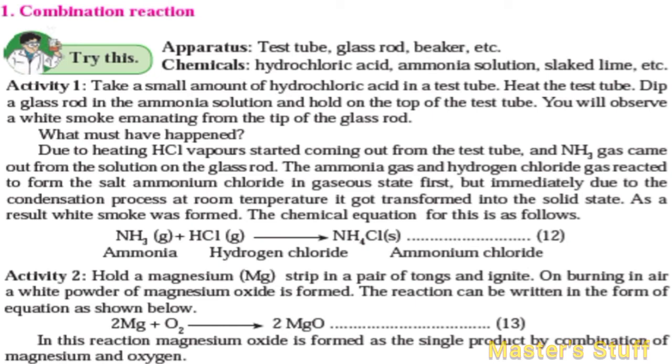Similarly, when magnesium is burned in air, it forms white powder magnesium oxide, that is 2Mg plus O2 gives 2MgO. Two reactants, magnesium and oxygen, together form the single product magnesium oxide. These two are the examples of combination reaction, which shows that the combination of two reactants gives the single product.